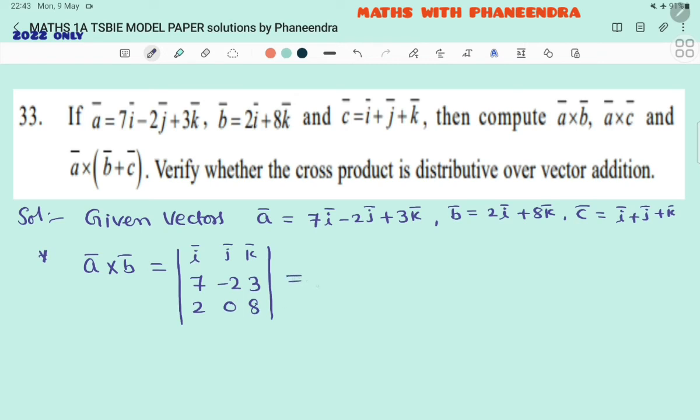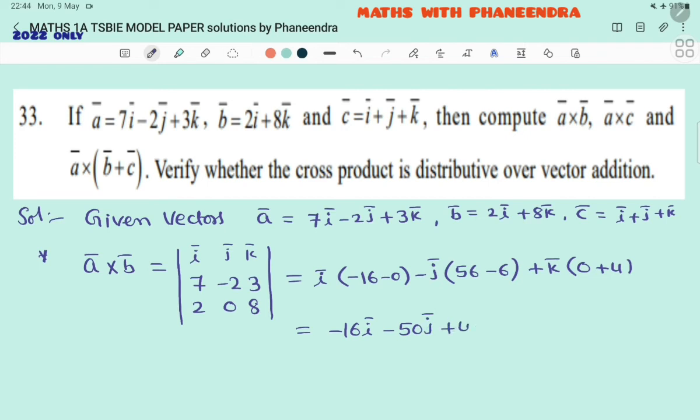So how to expand 3 by 3, like this only we can do that. i bar into -16 minus 0, minus j bar into 56 minus 6, plus k bar into 0 minus of -4 plus 4, which is equal to -16i minus 50j plus 4k. This is about A bar cross B bar.